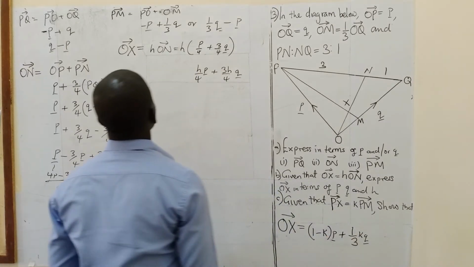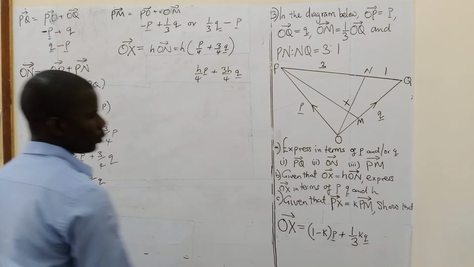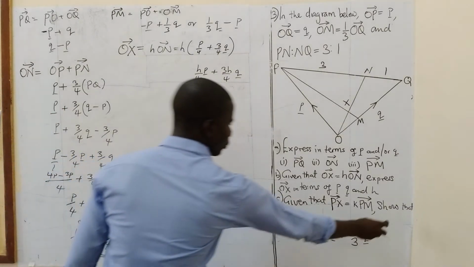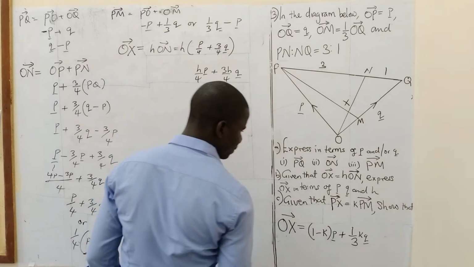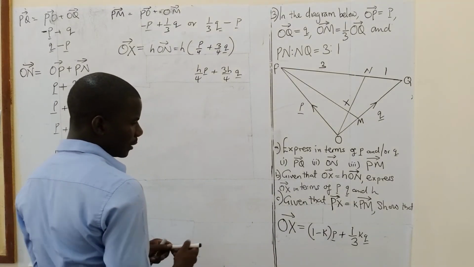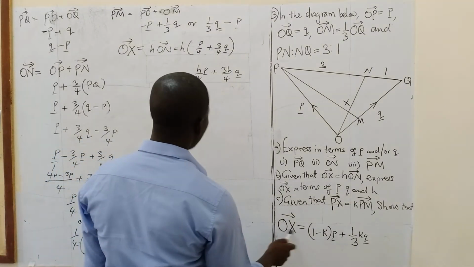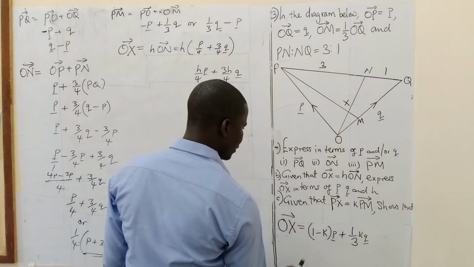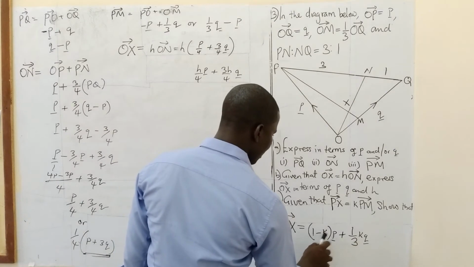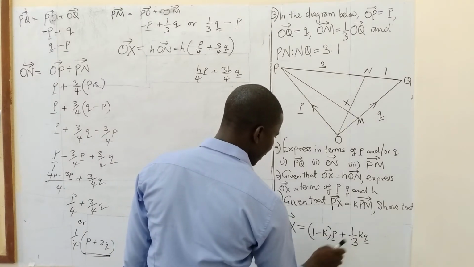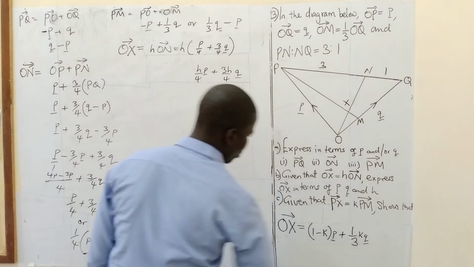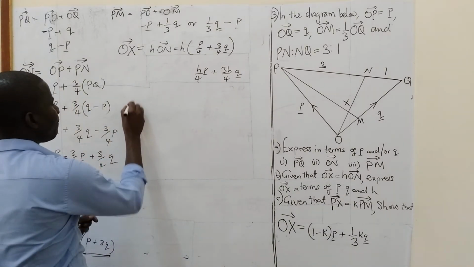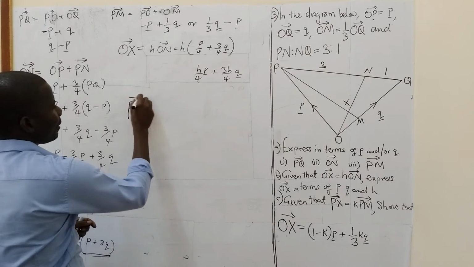Kpm. Okay? Is equals to Kpm. Show that OX is equals to (1 minus K)P plus 1 over 3 KQ. Okay, so given that Px is equals to what?